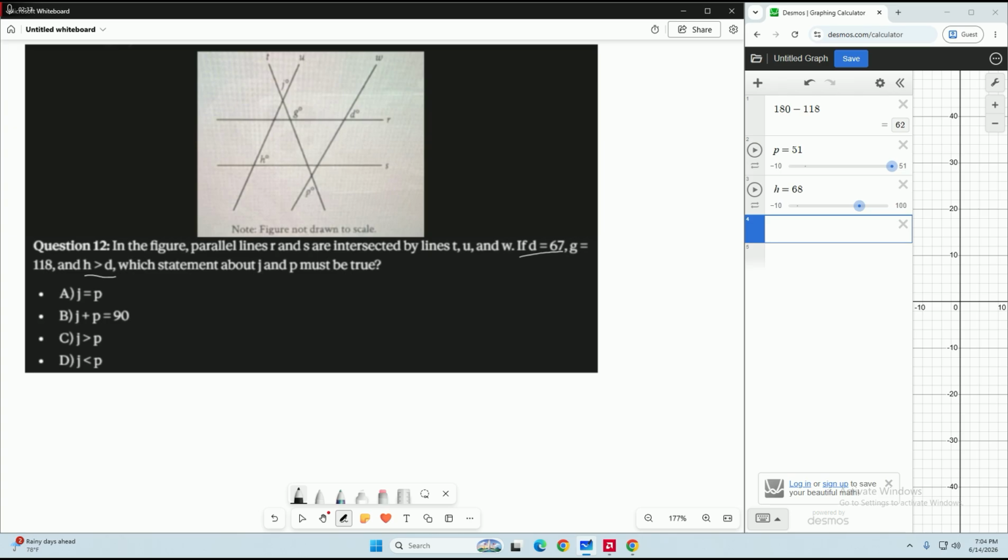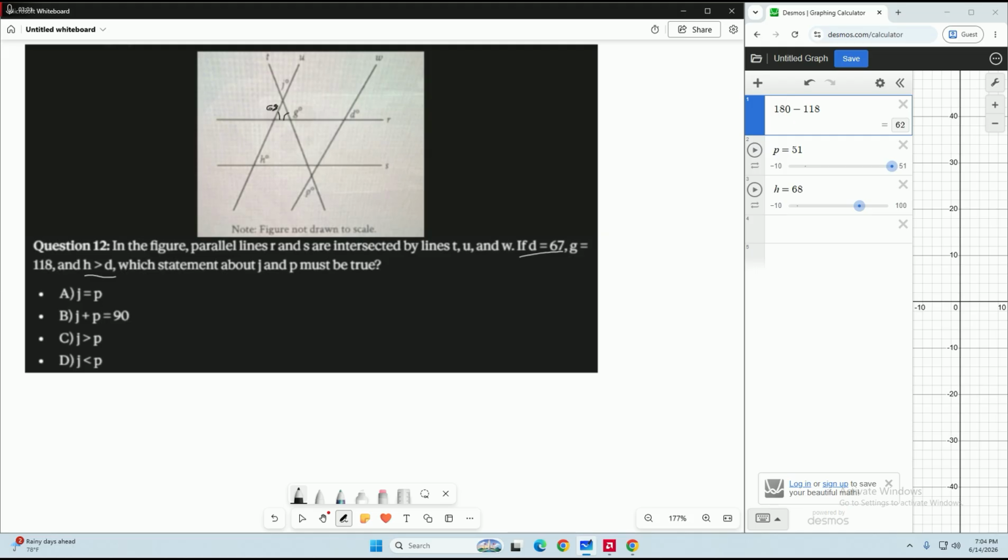First, I notice that if this is angle H, then this is also angle H because these angles are corresponding angles, and corresponding angles are equal. So this is going to be 68. I also know that this angle is 62 based on what we solved, because G plus this angle must add up to 180.